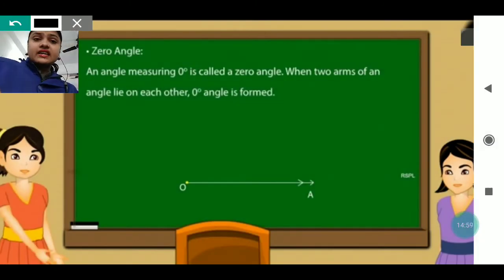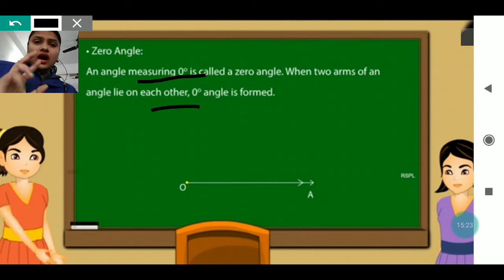One more angle is there, that is the zero angle. An angle whose measure is zero is called a zero angle. It means when you are measuring any angle and it is not forming any angle and its measurement is zero, then it is called a zero angle. When two arms of an angle lie on each other, a 0 degree angle is formed.